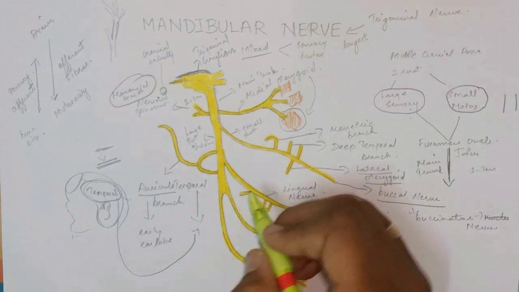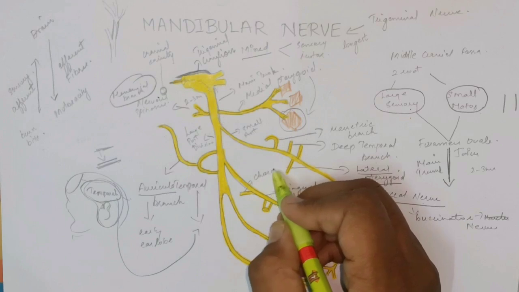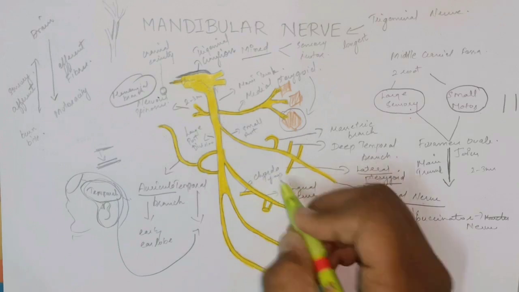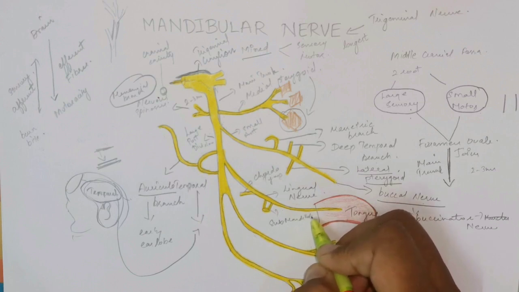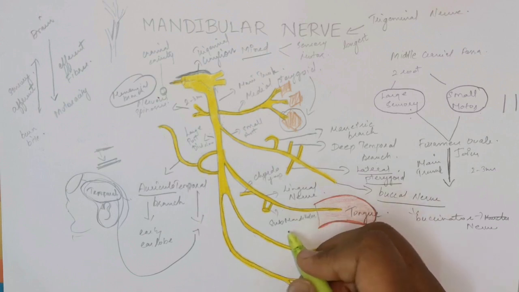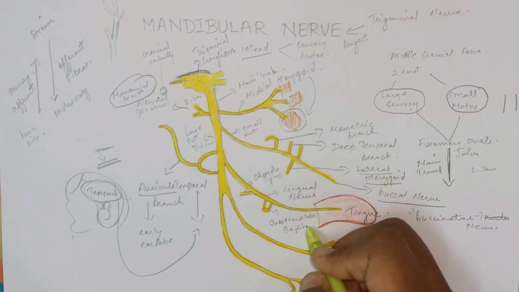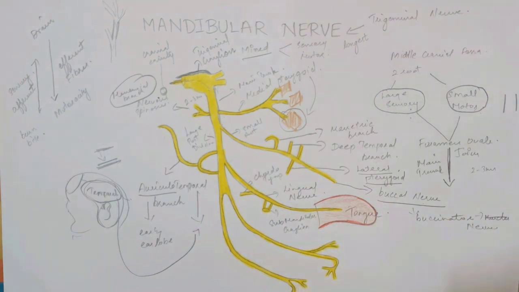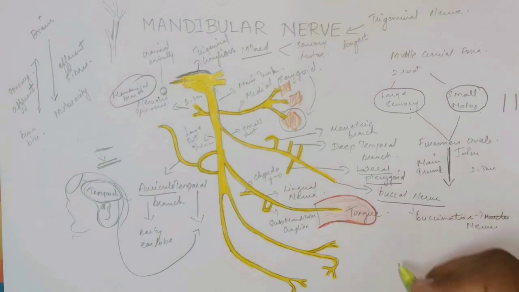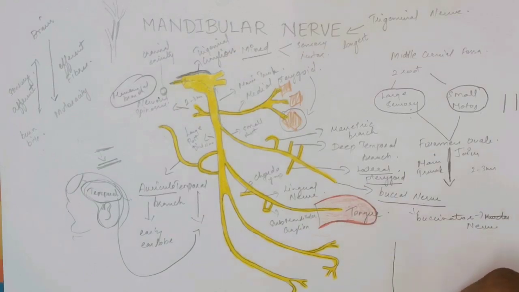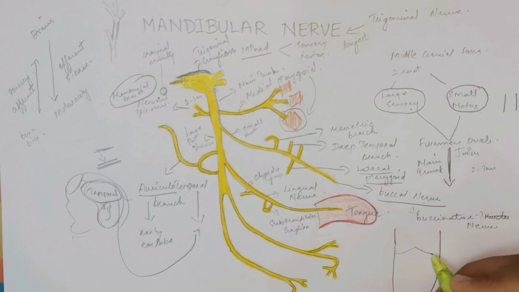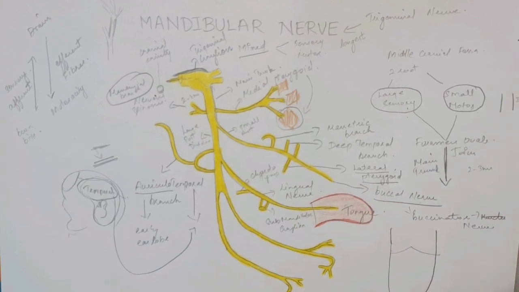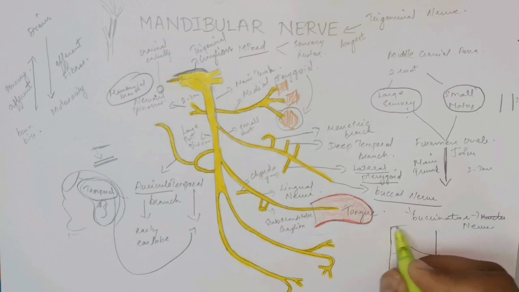See, this is your chorda tympani nerve, which is a branch of the lingual nerve. I'll explain it in detail in further classes. This is your submandibular ganglion, and this is your tongue.